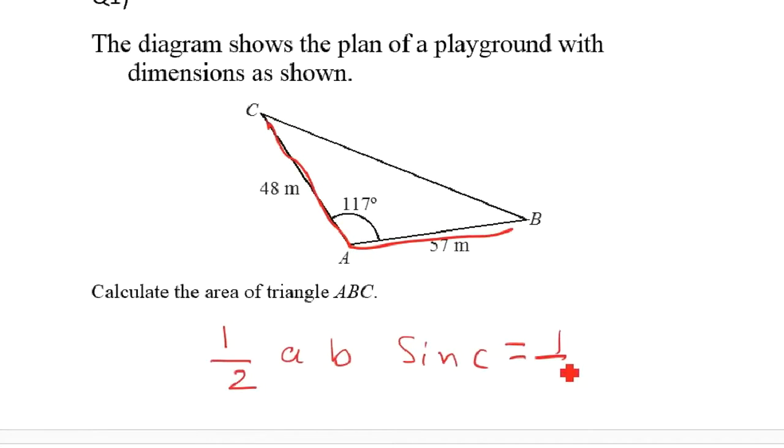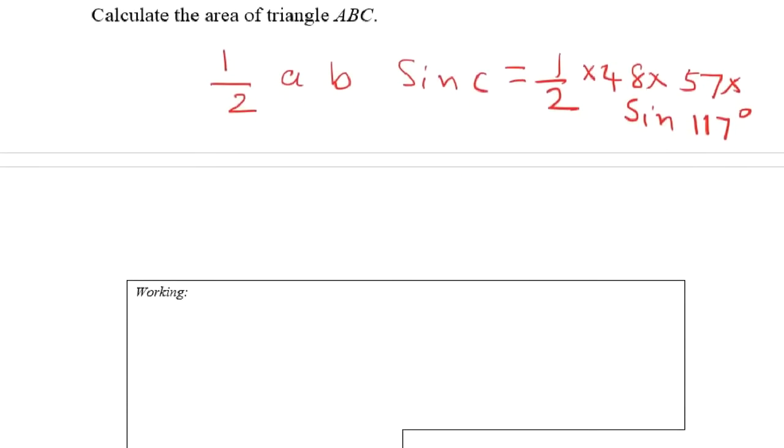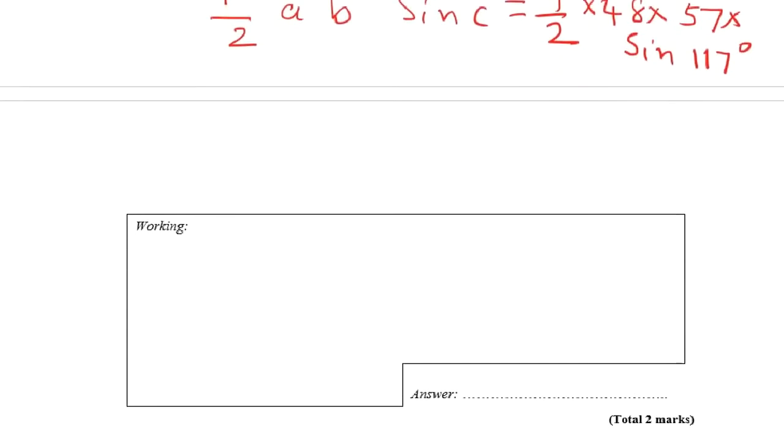1 by 2 times 48 times 57 times sine 117 degrees. So that's it, you have to calculate it.